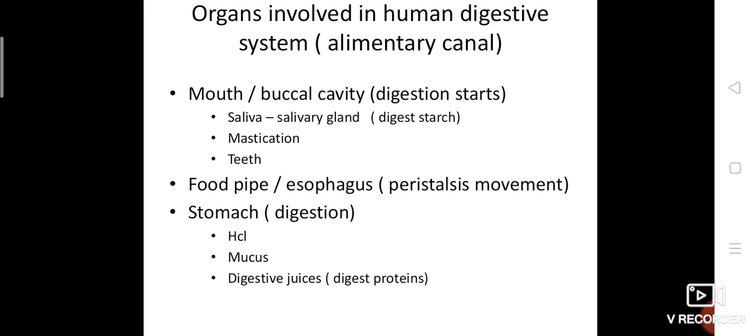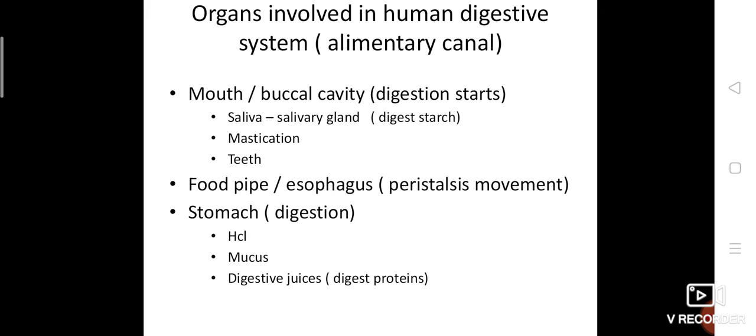And mastication, I already discussed, mastication is mixing of food with the saliva. That is chewing, everything comes with this. Okay. And when we talk about saliva, saliva is the juice secreted by the salivary gland. It helps to digest only the starch. See, I told you digestion starts from the mouth. First of all, what is digestion? Breakdown of complex substances into simple substances.